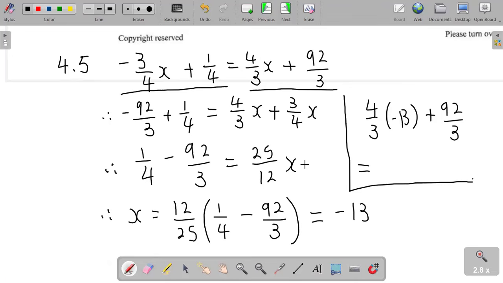It gives me 10. Okay, it gives me a y value of 10.